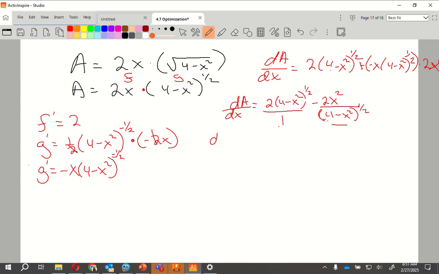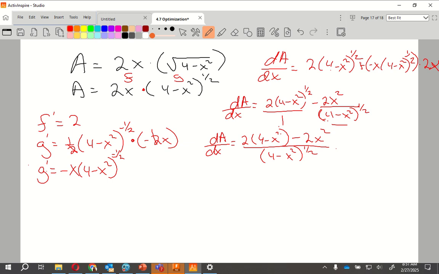So dA/dx is going to be 2 quantity 4 minus x squared, and when I multiply, I add exponents, so that becomes 2 over 2, minus 2x squared over 4 minus x squared to the positive 1/2. So by cleaning that up, it's going to make it a whole lot easier to do the math, by rearranging it and sorting it out.